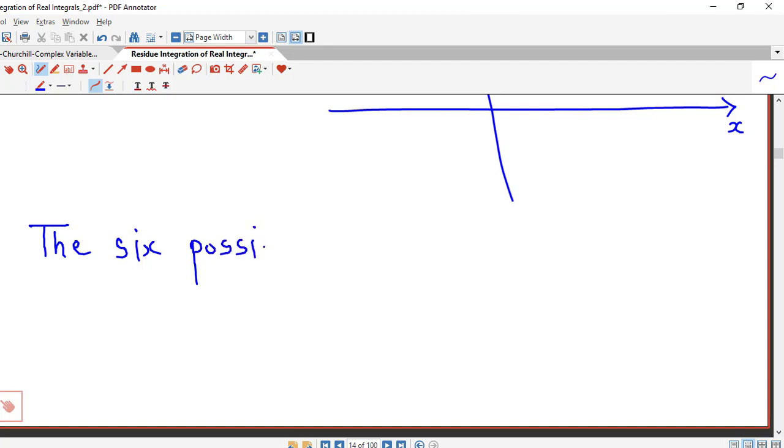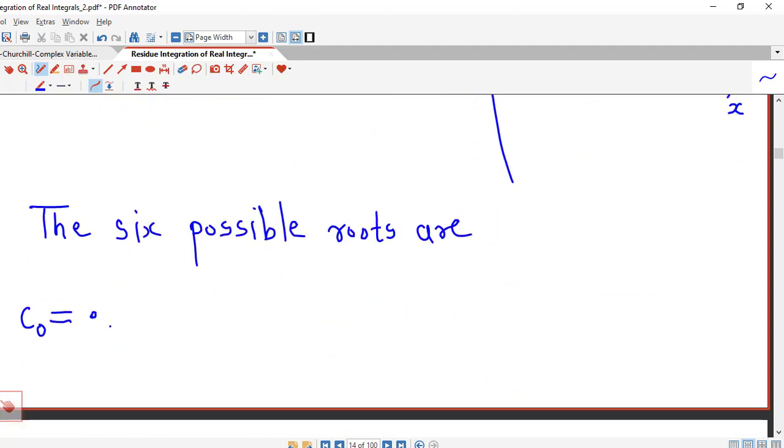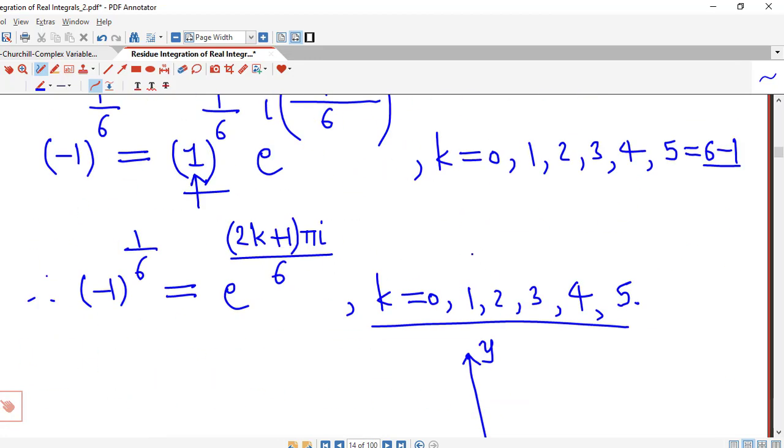So we can write here the 6 possible roots are, suppose we denote them by, say, C0 is the first root corresponding to k equal to 0. So if we put k equal to 0, we have e raised to pi i by 6. Then C1 corresponds to k equal to 1.